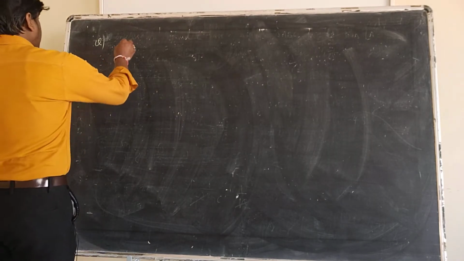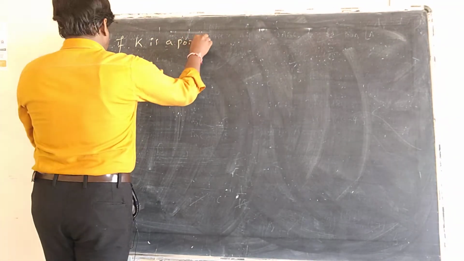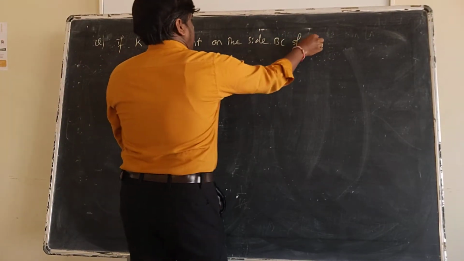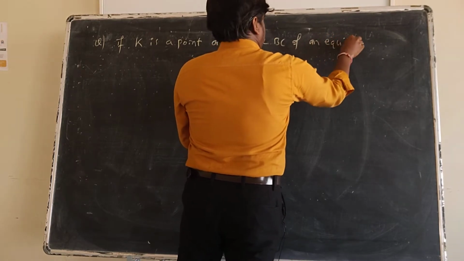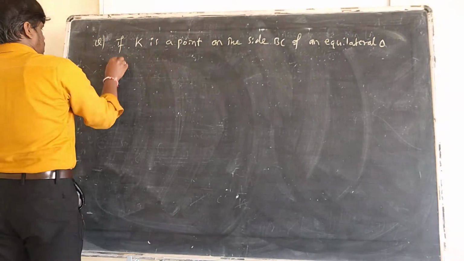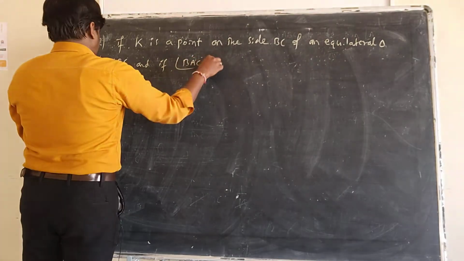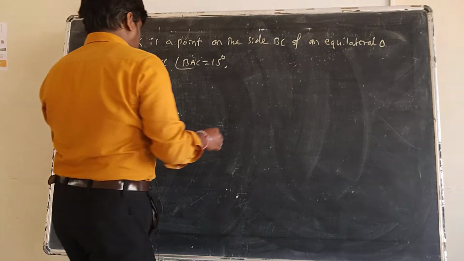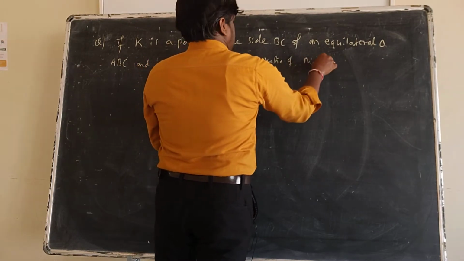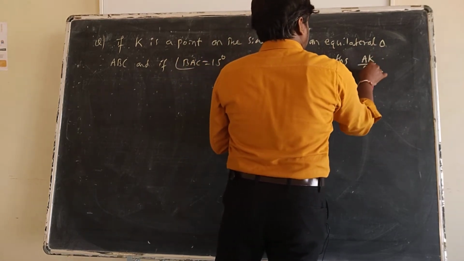Next question which I explained: if K is a point on the side BC of an equilateral triangle ABC, and if angle BAC is equal to 15 degrees, then the ratio of the lengths of AK by AB is equal to dash.